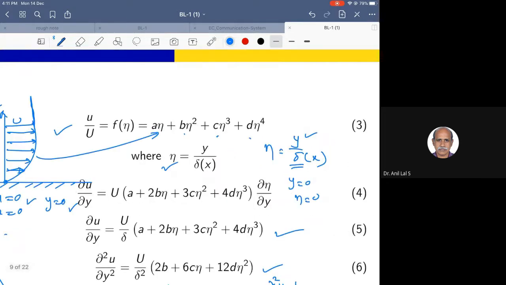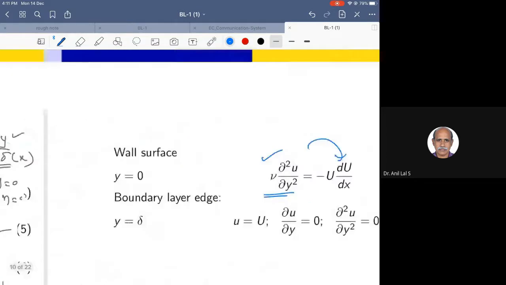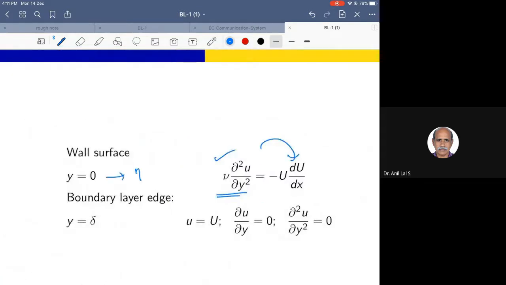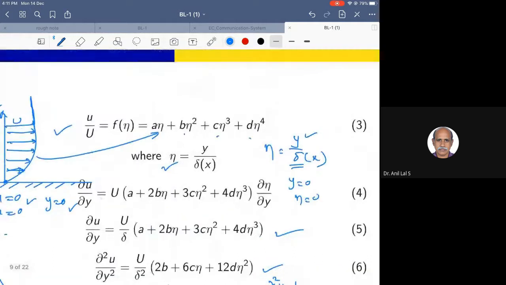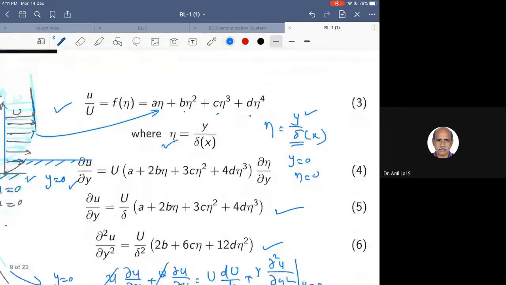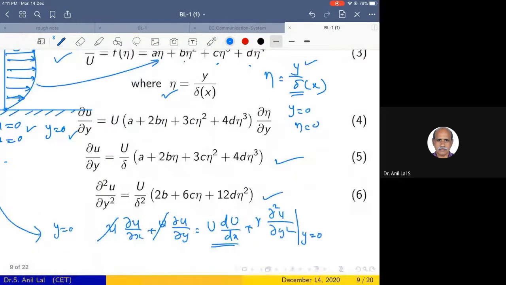When we apply that condition, y equal to 0 also means eta is equal to 0. At eta equal to 0, nu into d squared u by dy squared is nu into U by delta squared into 2B, and this is equal to minus U dU by dx.